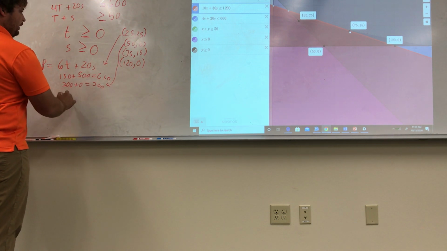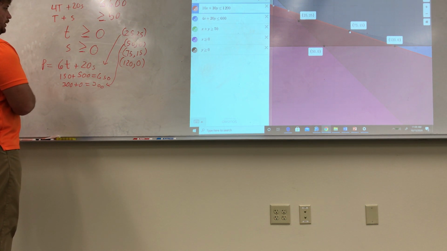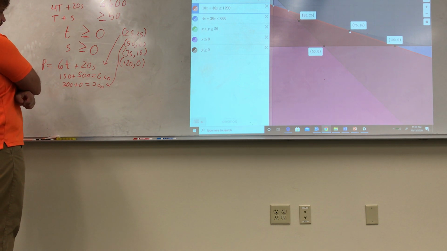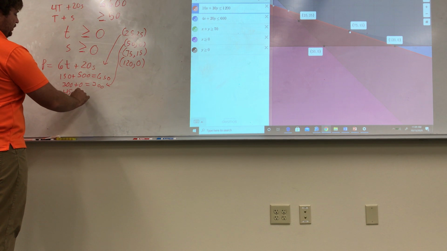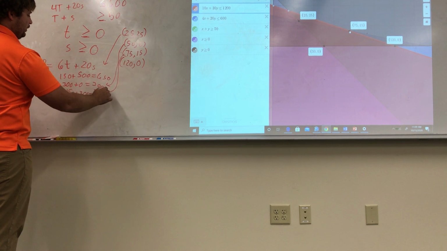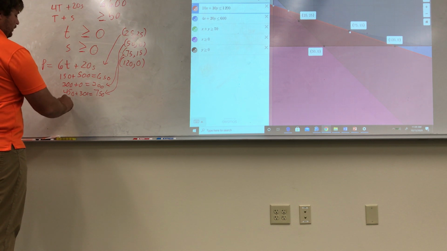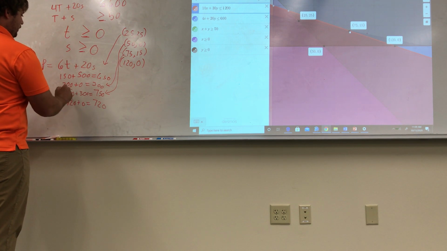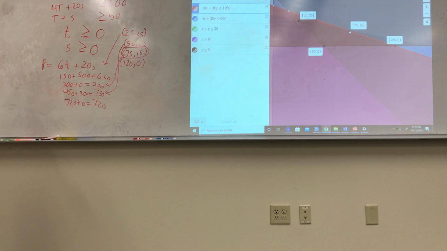And do the 75. 75 times 6: well, 2 would be 150, so 2 more of those would be 450. 15 times 20 should be 300. So that should be 750 when I plug this in. Okay, 120 times 6 should be 720 plus 0 equals 720. So this option right here would be my best option for profit margins.